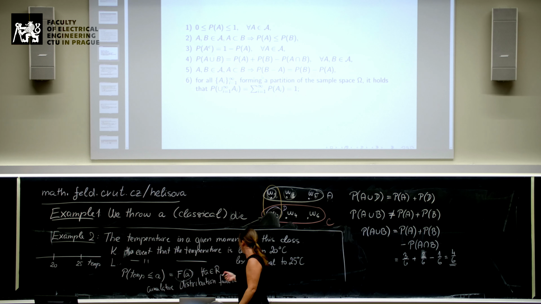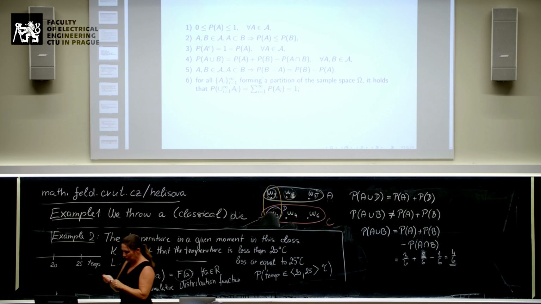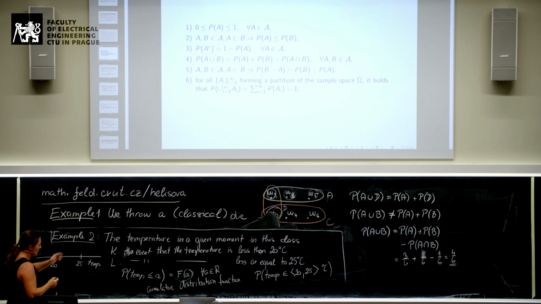and we care about the probability that the temperature is between 20 and 25 degrees. The probability that the temperature is between 20 and 25 degrees is given by the probabilities of all these events between 20 and 25.